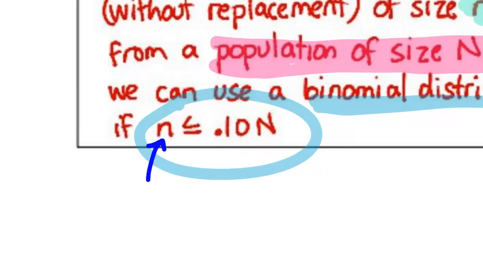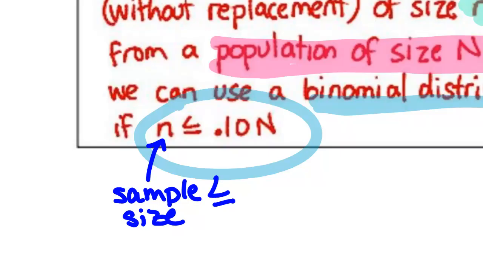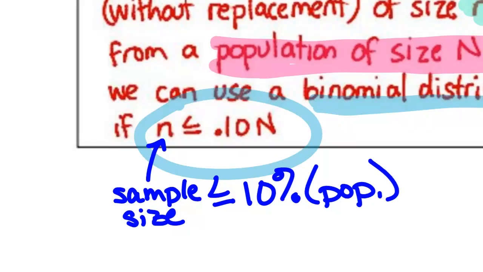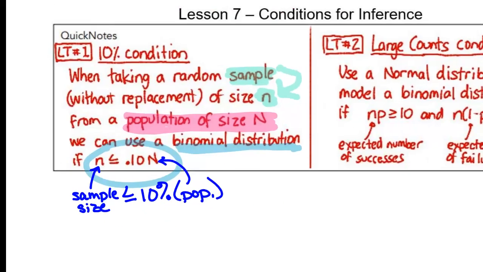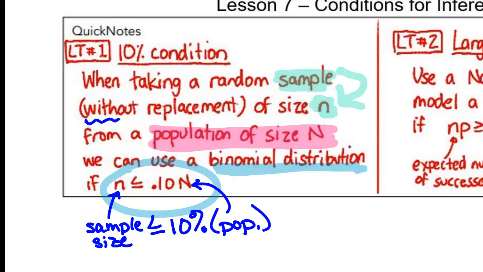The sample size is less than or equal to 10% of the population. And this is specifically when we're looking at without replacement situations. If it's with replacement, then we are independent and we don't have to worry about the 10% condition.